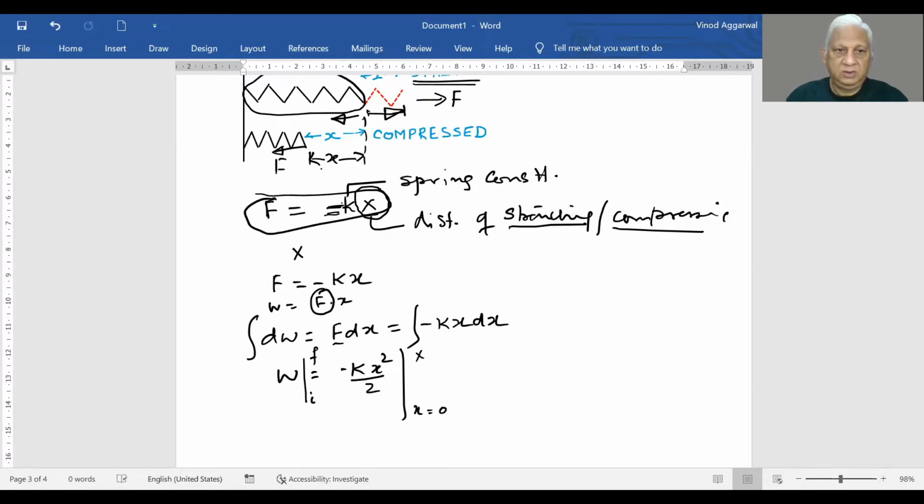So the work done in stretching or compressing a spring is minus kx square by 2, where x is this displacement. Displacement in case of a spring will be either how much you have elongated it or how much you have compressed it.